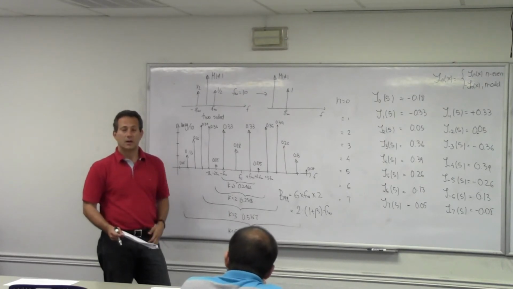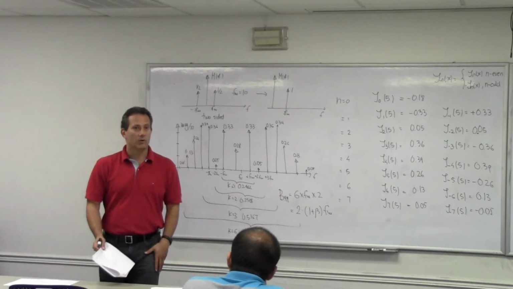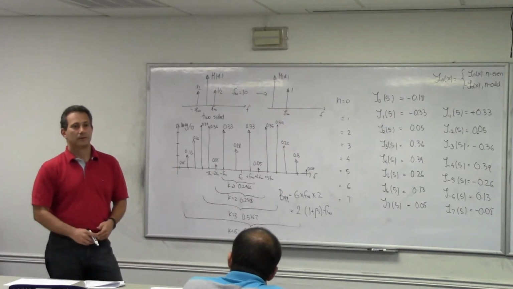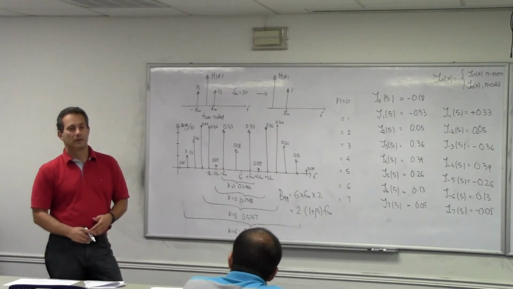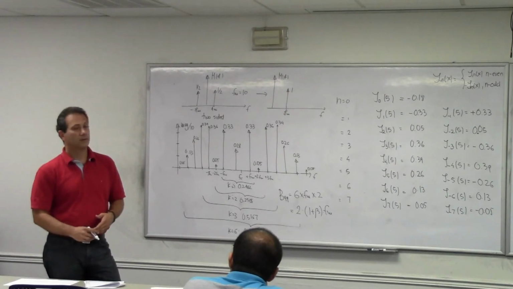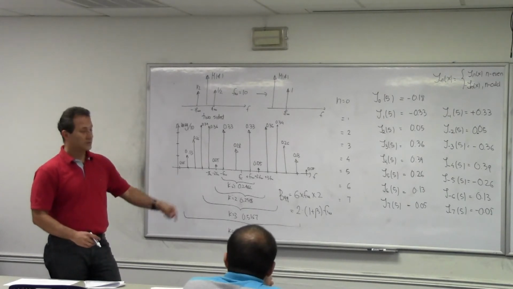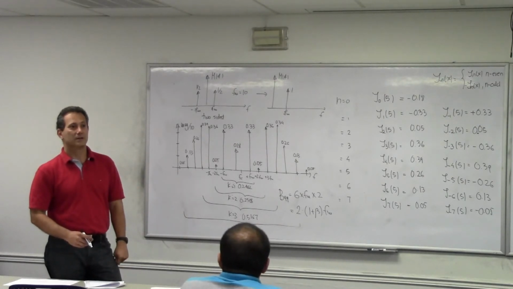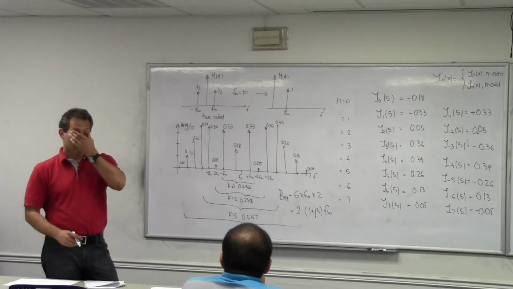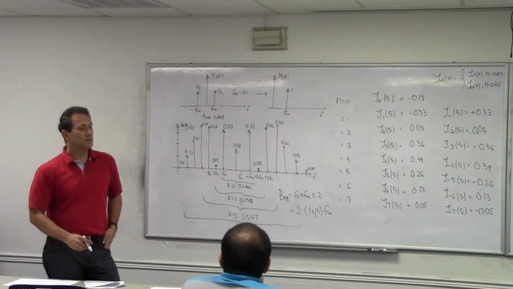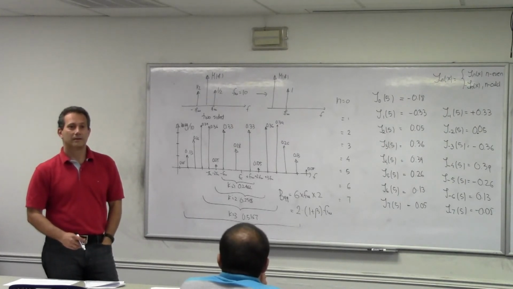Let me ask you. How much of the bandwidth would capture all of the power? Yeah, the entire power. This is capturing just 99%. Infinity, right? But how much of the bandwidth would capture 99.9%?